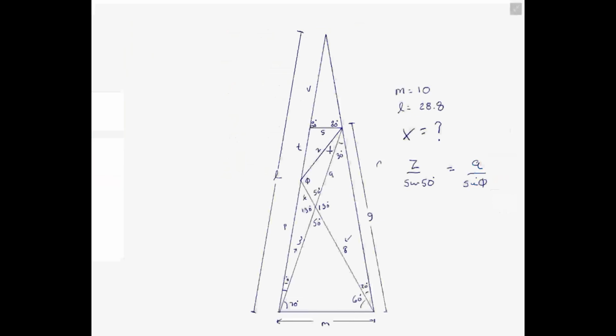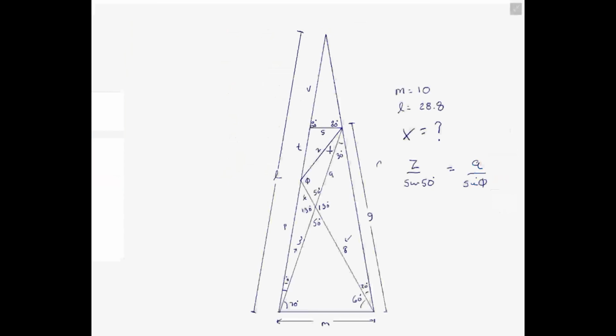And then X equals the arcsine of F on Z sine 50. And that gets us the answer.